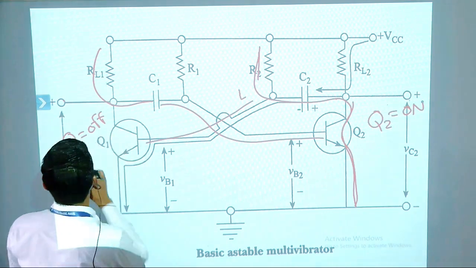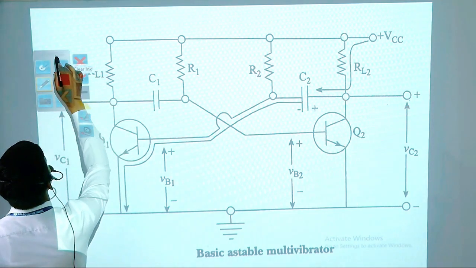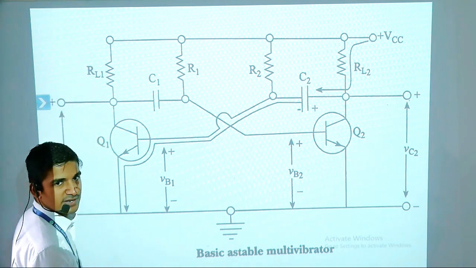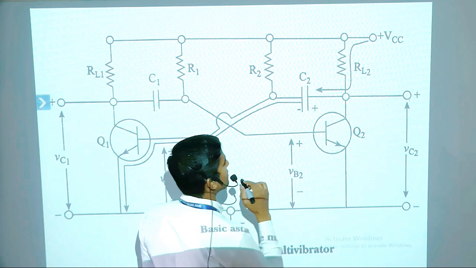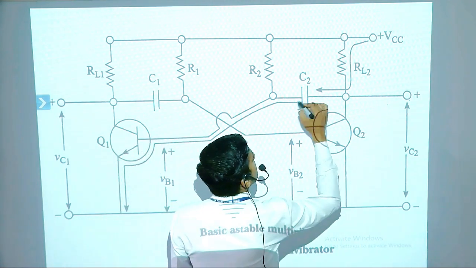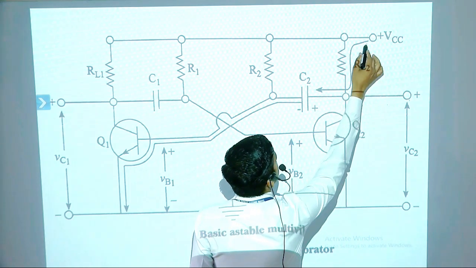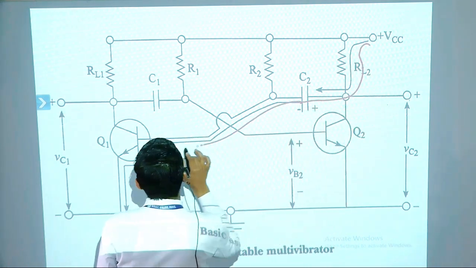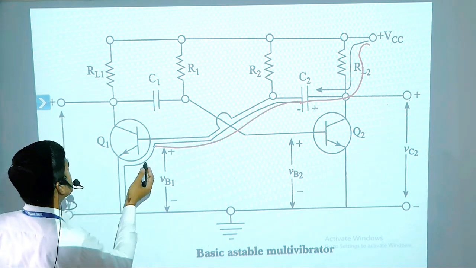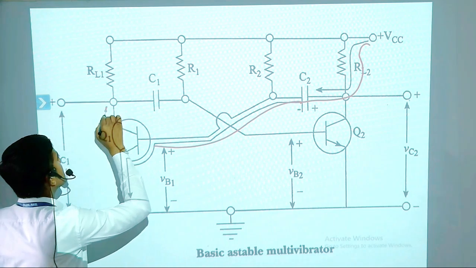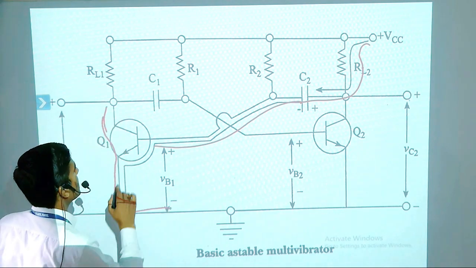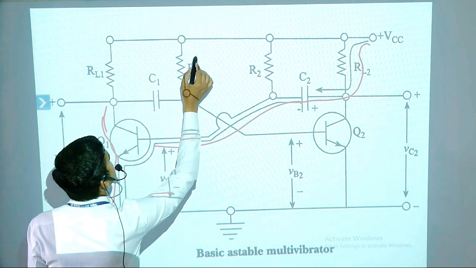So we discuss the first condition again. In the first condition, transistor Q1 is on and transistor Q2 is off. Capacitor C2 is charged through RL2, and this high signal goes to the base of transistor Q1. Then transistor Q1 is on. The resultant collector signal goes through the emitter to ground.